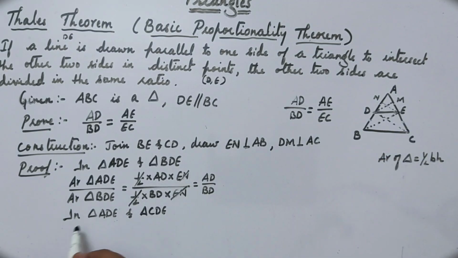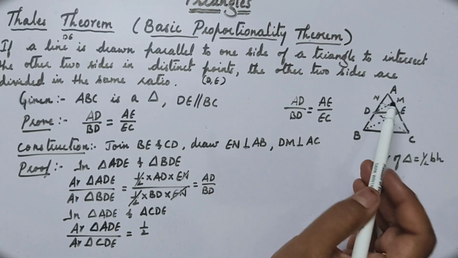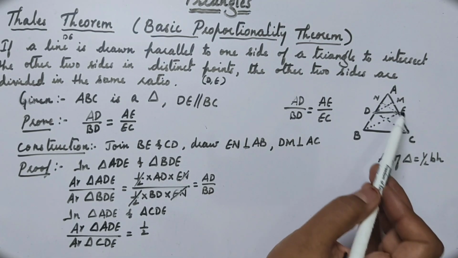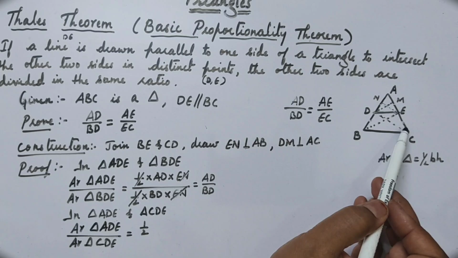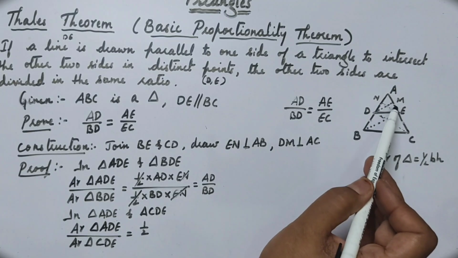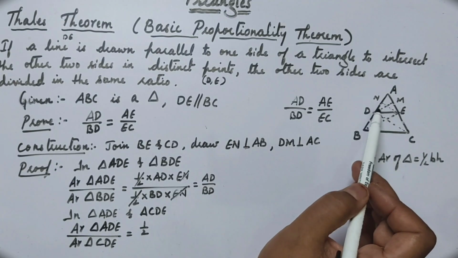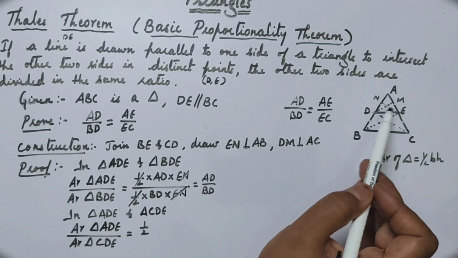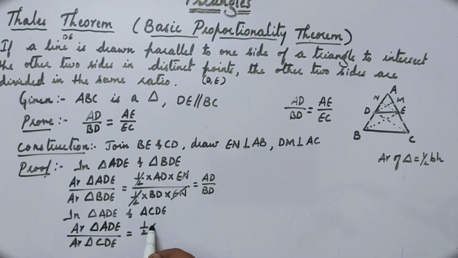Now here we know the area of triangle ADE by area of triangle CDE equals half into base. So when we are considering this side, AC, I take AE as the base. This is AE, the base, and DM is the height. See, AE is the base and DM is the height.